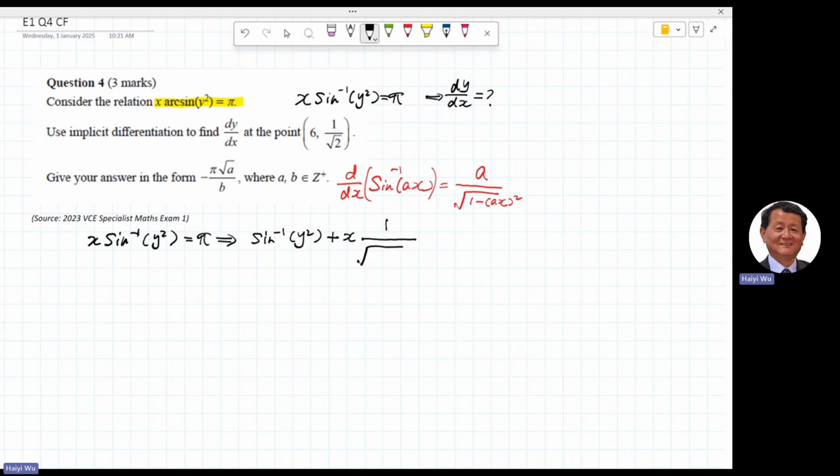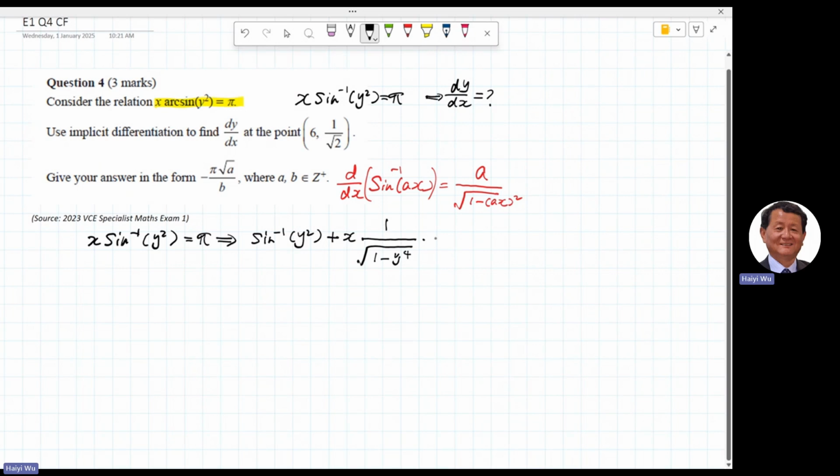So we get 1 over the square root of 1 minus y squared, squared again, so y to the power of 4. That's the left-hand side of the implicit differentiation, but we haven't finished yet.